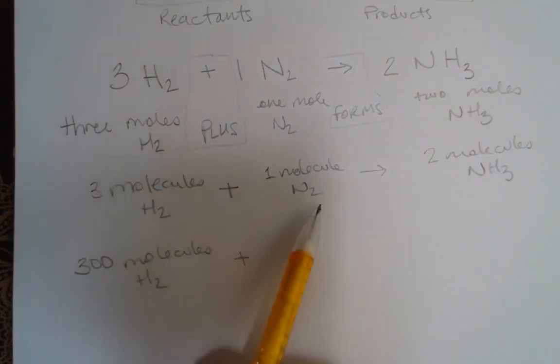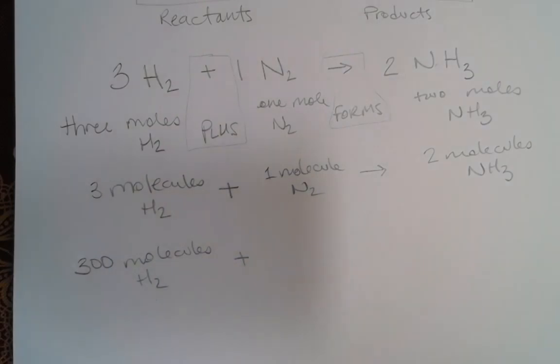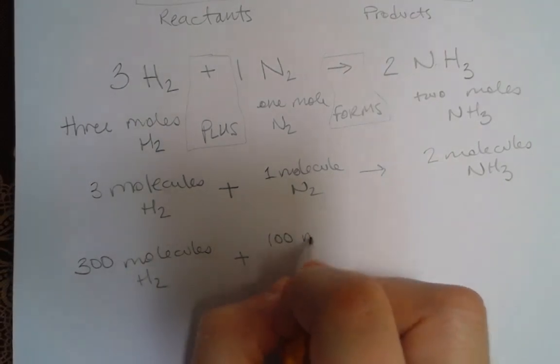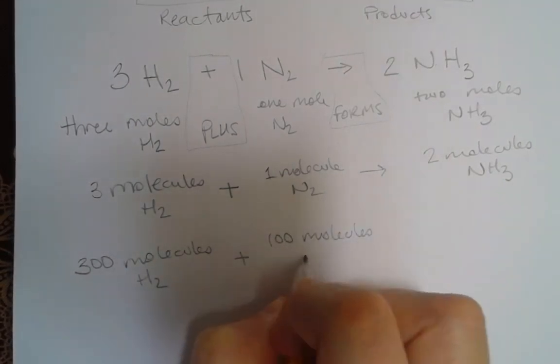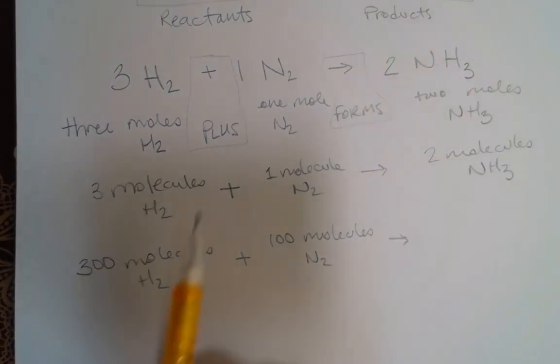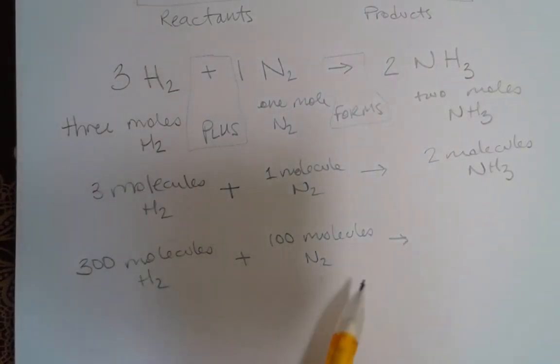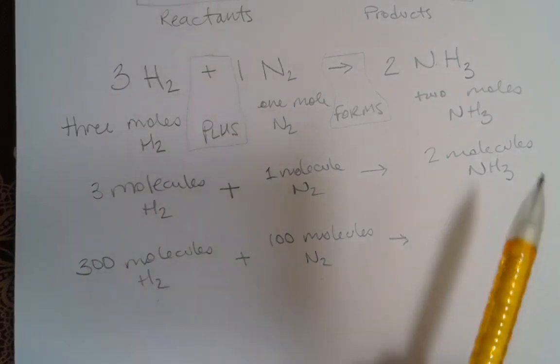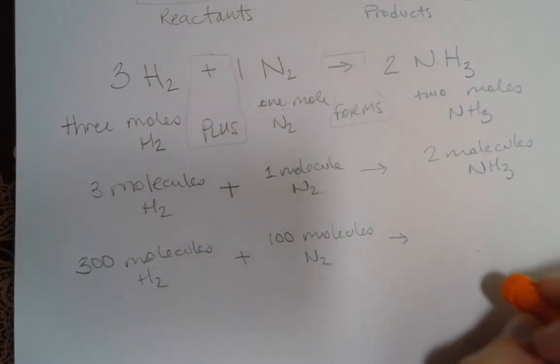Every 3 molecules of H2 needs 1 molecule of N2. So if you've got 300 molecules of H2, you're going to want 100 molecules of N2. And if you've got that, how many molecules of NH3 can you form?